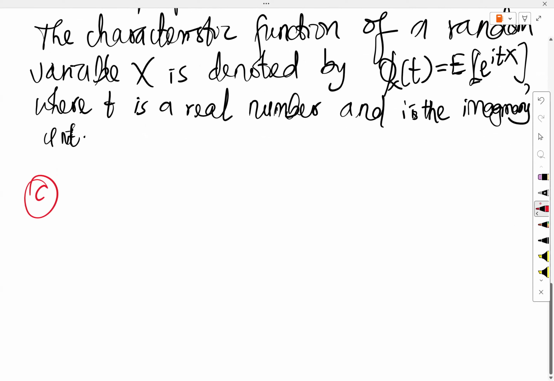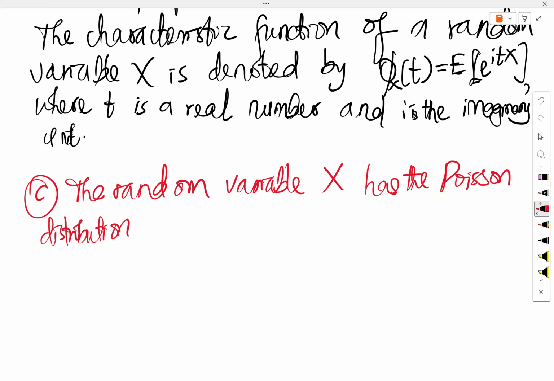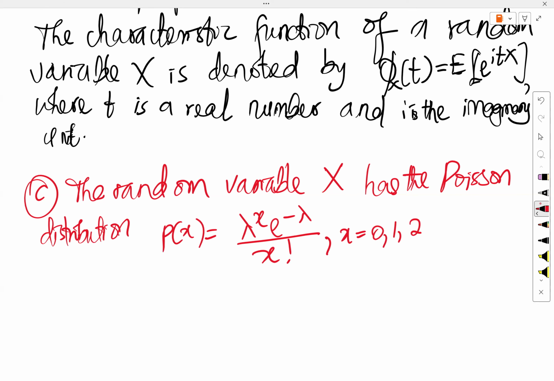It says that the random variable X has the Poisson distribution, and the Poisson distribution is P(X = x) equals lambda raised to the power x, times e raised to the power minus lambda, all over x factorial, for x equals 0, 1, 2, and so on. It's discrete, right?